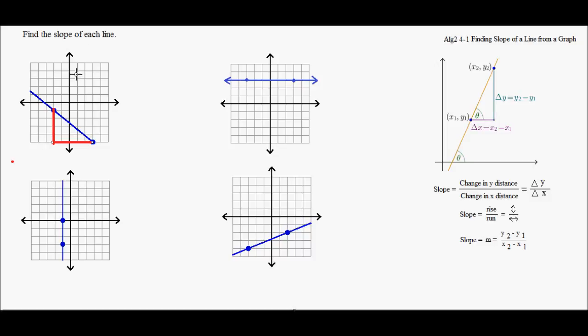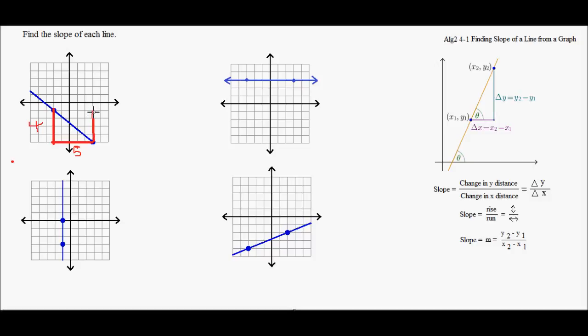So it's 4 this way, and 1, 2, 3, 4, 5 this way. Okay, 5.